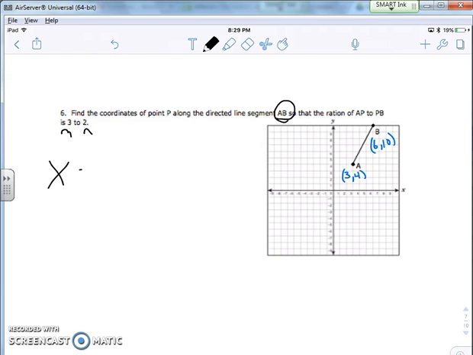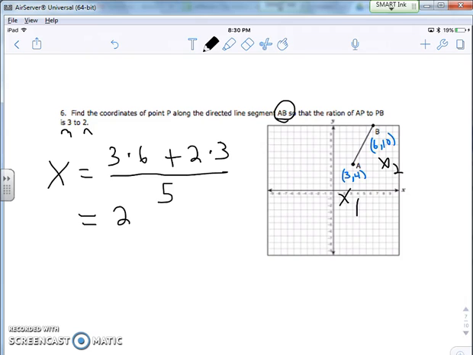So the X coordinate is going to be M, which is 3, times your X2, which is 6, plus N, which is 2, times your X1, which is 3, all over 2 plus 3. So 3 times 6 is 18, plus 6 is 24 over 5, which is 4.8.